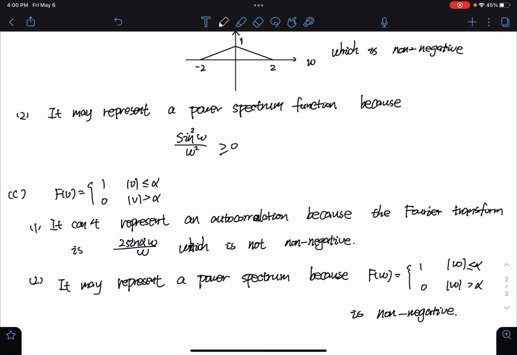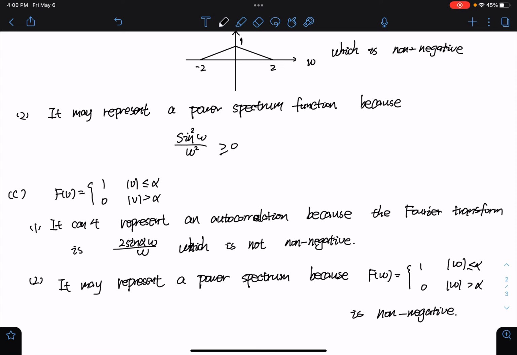And second, it may represent a power spectrum because big F(omega) equals 1 when the absolute value of omega is smaller than or equal to alpha, which is non-negative, and big F(omega) equals 0 when the absolute value of omega is larger than alpha, which is also non-negative.